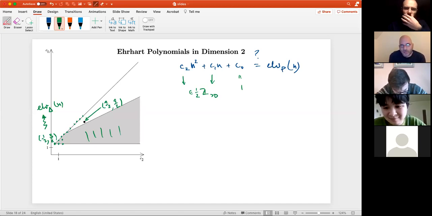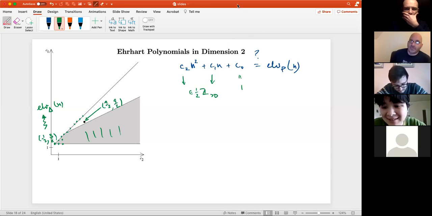Many of you have heard of Pick's theorem, so that's at work here. In dimension 2, there's not that much that can happen in terms of Ehrhart polynomials. And then there's another theorem that gives you a bound in special cases. When you throw all of these things in a pot and stir for a while, this picture pops out.